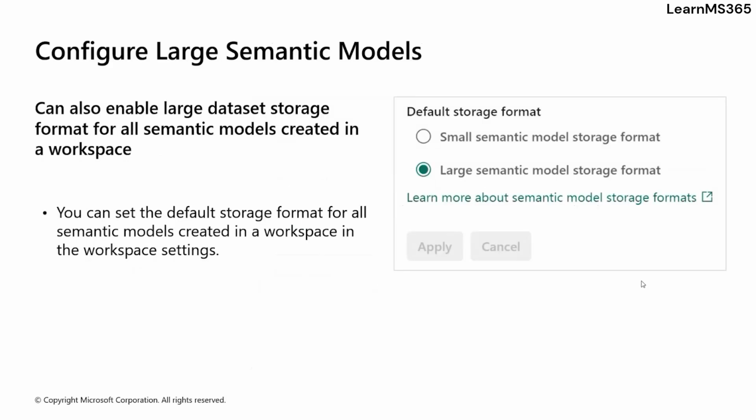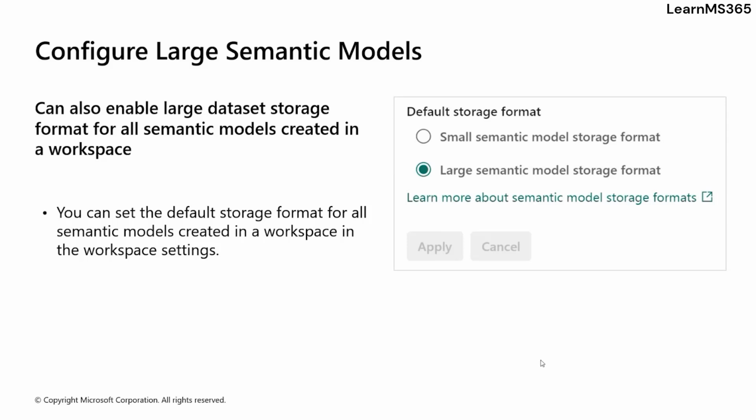We can also enable the large dataset storage format for all the datasets created in a workspace by setting the default storage format in the workspace settings. In the settings, we can select Premium and then select the large dataset storage format as the default storage format, as it's shown on the slide.